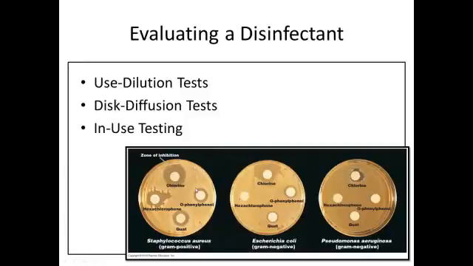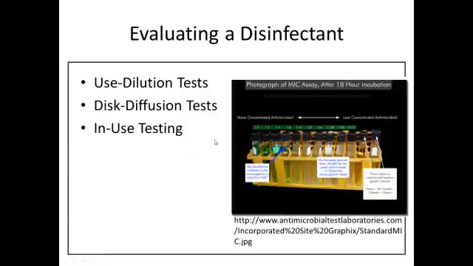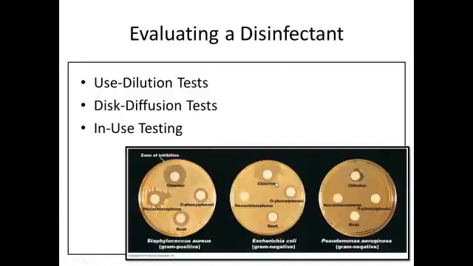Then after incubation we see where the organism has been inhibited in its growth. It's kind of like the use dilution test that we looked at previously, where we've got inhibition of growth after incubation in tubes, but in this situation we've got it on a solid surface.